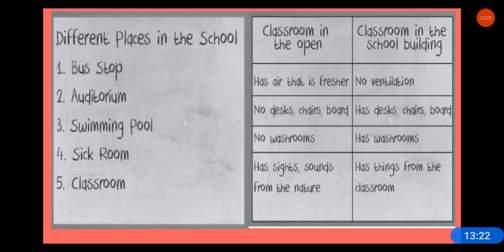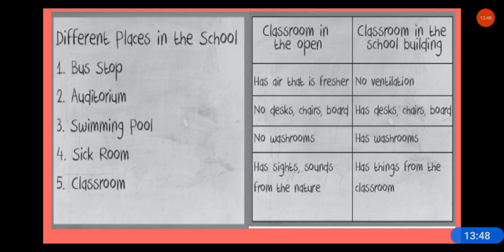Block 4. Different places in the school. There are many different places in a school, like a bus stop where you go to catch the bus. There's an auditorium where you go to perform your cultural program or a special program on any occasion. There is a swimming pool, and many schools have a swimming pool.